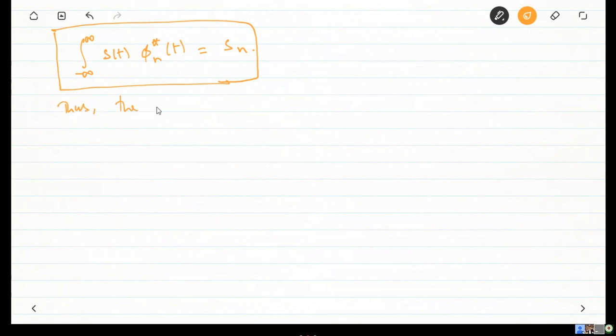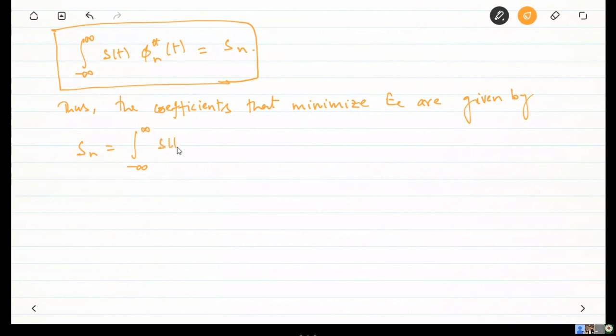Thus, the coefficients that minimize E are given by Sn equal to the integral from minus infinity to plus infinity of S of t phi n star of t dt, for n equal to 1, 2 up to capital K.